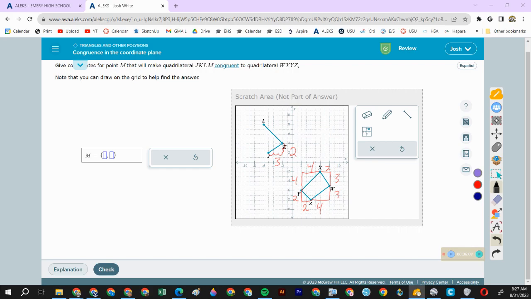One is over 3 up 2, and the other is right 2 down 3. But this length is equal to this length. Okay? And then we look at the other one. 1, 2, 3, 4. 1, 2, 3, 4. So 4 and 4. Which side does that line up with? XY. So this one is equal to this one.